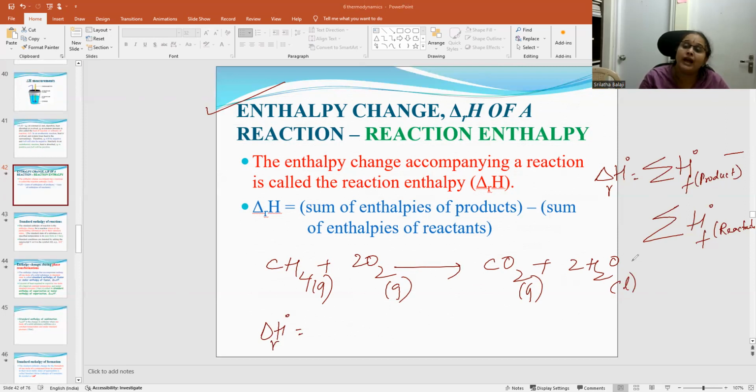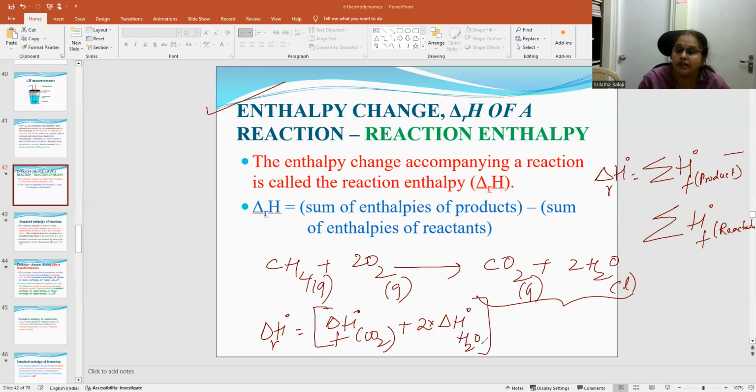It will be the sum of enthalpies of formation of products. So it will be enthalpy of formation of CO2 plus, there are 2 moles of water, so 2 times enthalpy of formation of water. This will be your products.